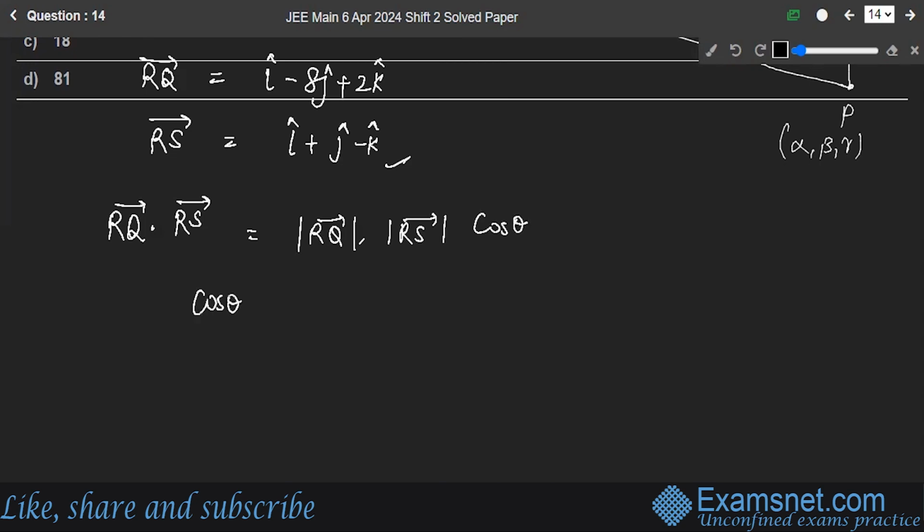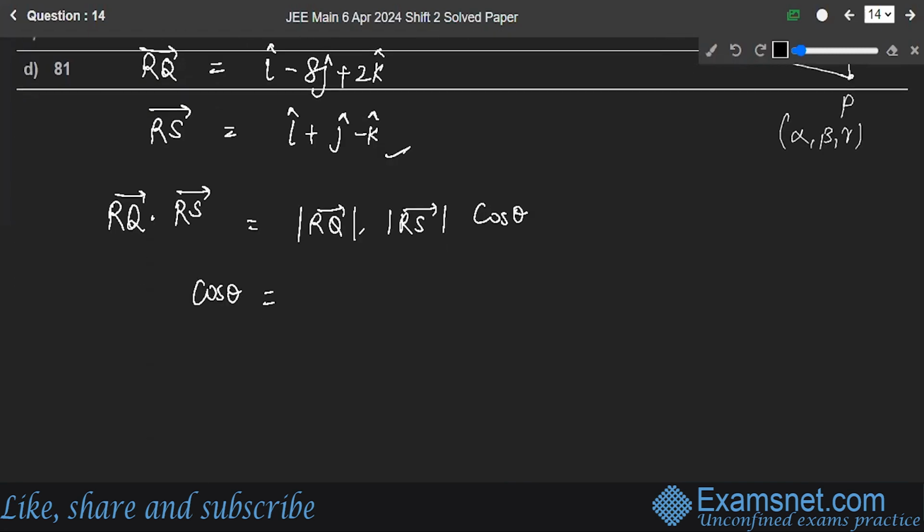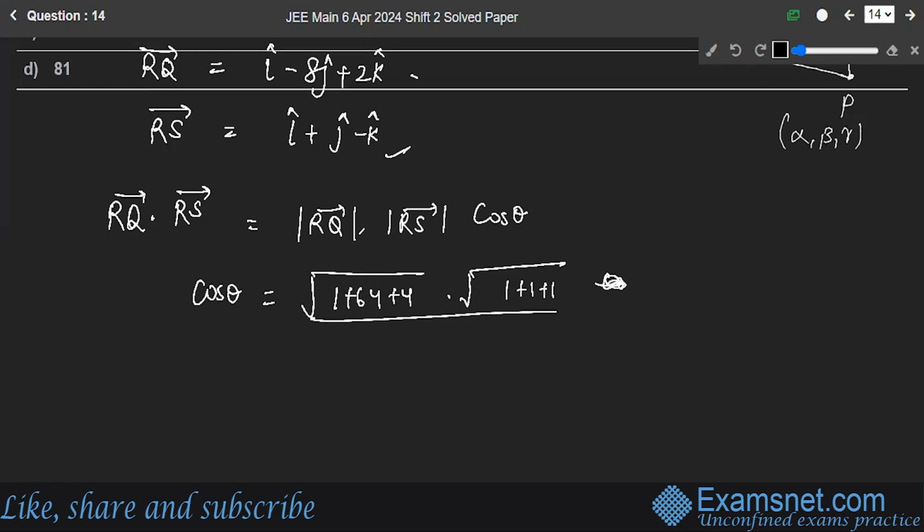So cos of theta, if I take this angle as theta, is equal to magnitude of RQ, given by 1, 64 and 4, and RS magnitude 1 plus 1 plus 1, this whole thing divided by the dot product of these two vectors.